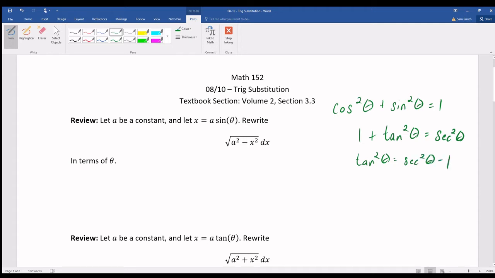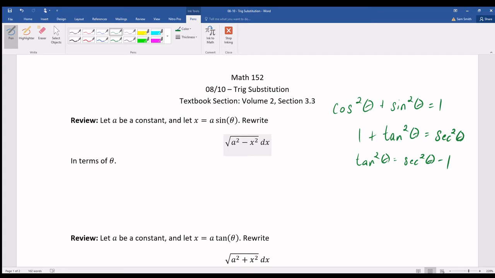Now, with that in the margins, let's consider the following review exercise. Suppose that we have a constant a, and we let x be equal to a times sine of theta. If you have an expression square root of a squared minus x squared times dx, how could this be rewritten so that it's completely in terms of theta, not in terms of x?